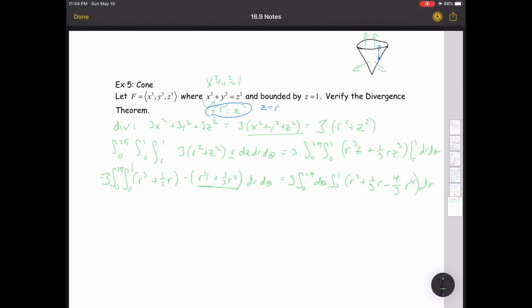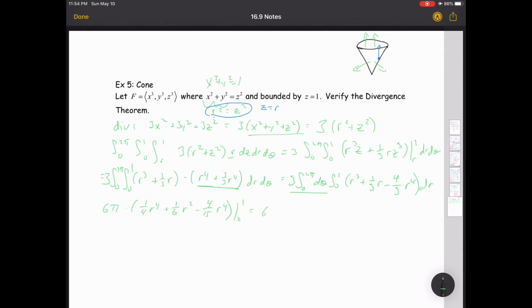Alright, so now we know this part right here is just going to be 3 times 2 pi, so we're going to get 6 pi out of that. And then we're going to have to take the antiderivatives here, so that's going to be 1/4 r to the 4th plus 1/6 r squared minus, this is going to be an r to the 5th, dividing by 5 is going to give us 4/15 r to the 5th, from 0 to 1.